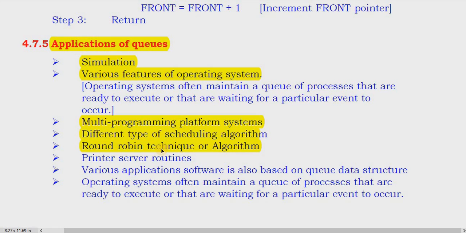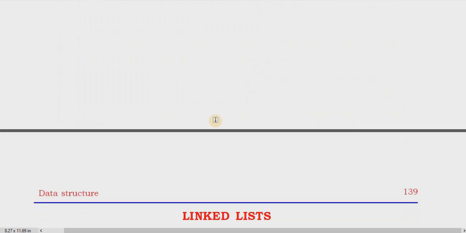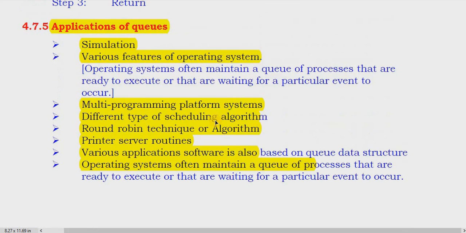Queues are also used in printer server routines and various application software. And queue is used in the operating system for maintaining the process queue. So these are the applications of queues.